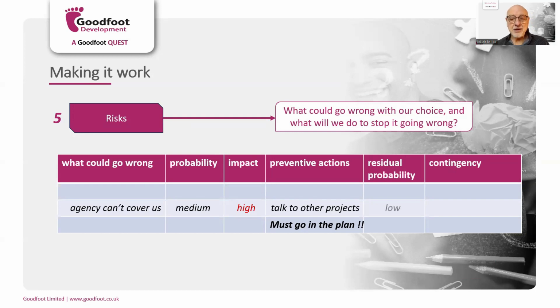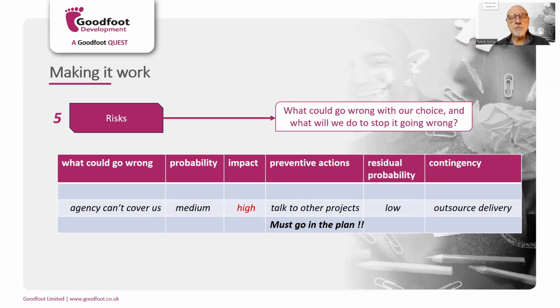It might not be. There may still be a residual probability. In other words, there may still be a low probability that this event could happen. Now, if this event does happen, if agencies can't cover us in this example, it's a high impact. So our preventative action didn't work. We put it in the plan, we talked to other projects, but it didn't work. That's when we might need a contingency.